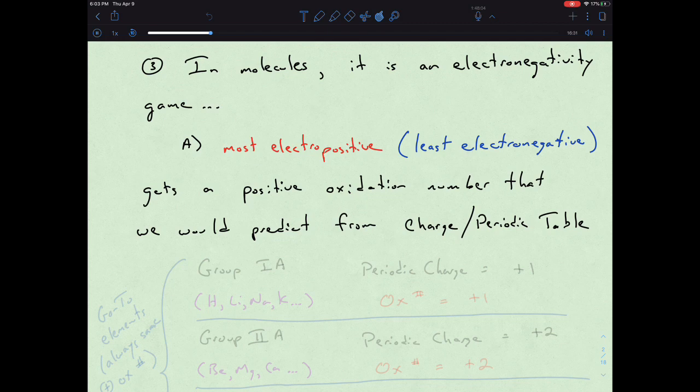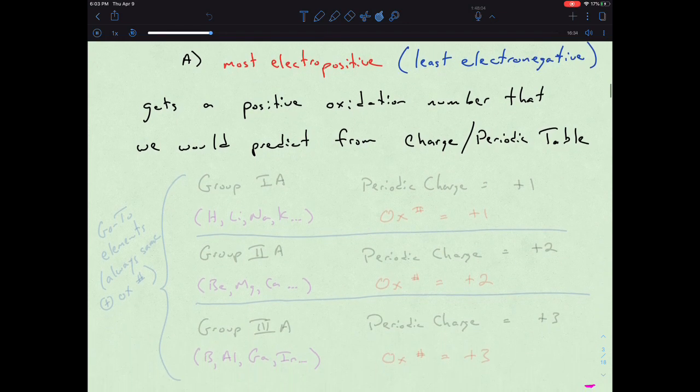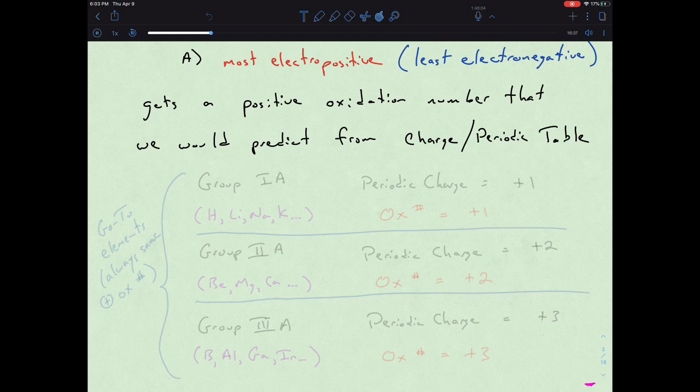So if we think about the most electropositive elements, we're really talking about this notion of group 1A, going down the list of hydrogen, lithium, sodium, potassium, etc. We would predict all of these to have basically a periodic charge equal to +1.